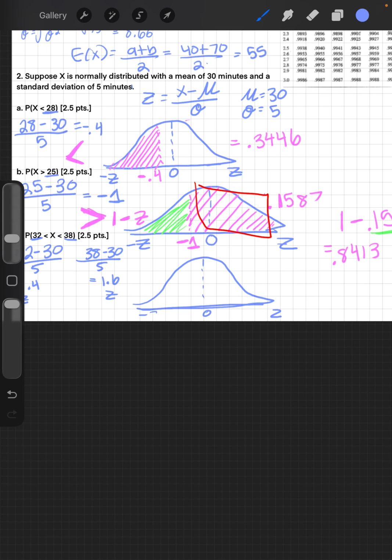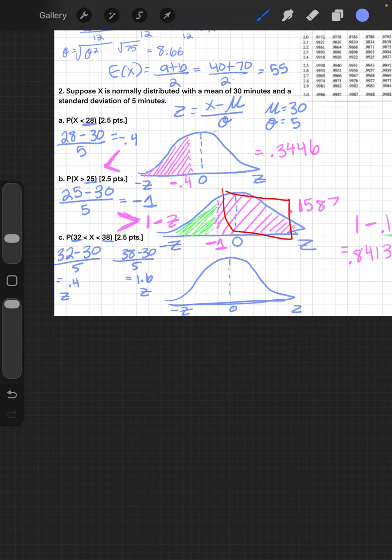Zero, z, negative z. I have 0.4. Well, that's not negative. 0.4, 1.6.